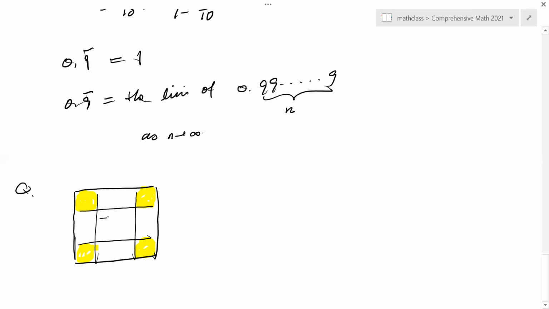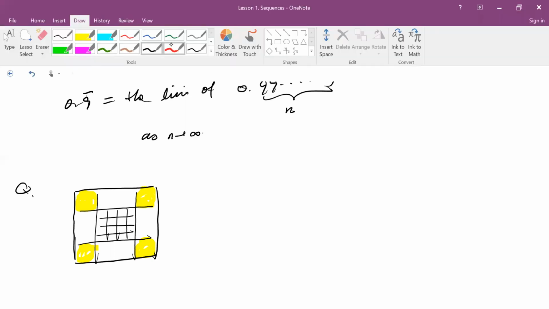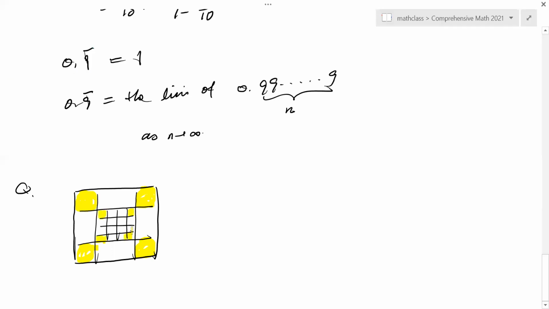One, two, three. Then I color those four corners, and just keep this procedure going.